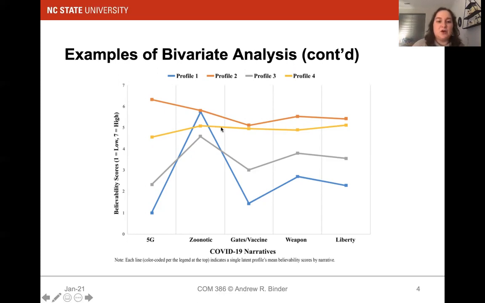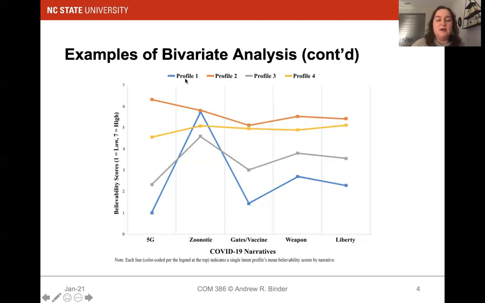Here we have that conspiracy theory as one of our independent variables on the x-axis. Then we see the believability of that conspiracy theory related to COVID-19 scored here. Lower scores mean low believability, and higher scores mean higher believability.